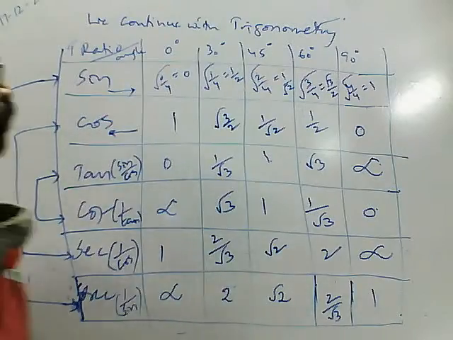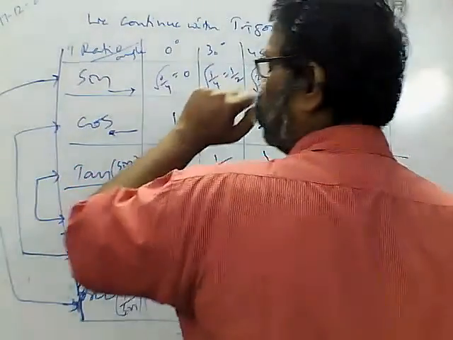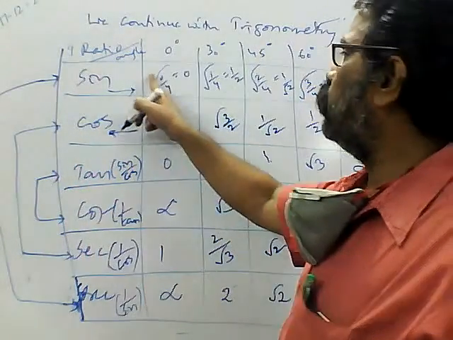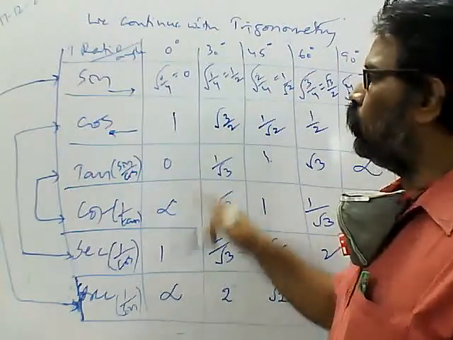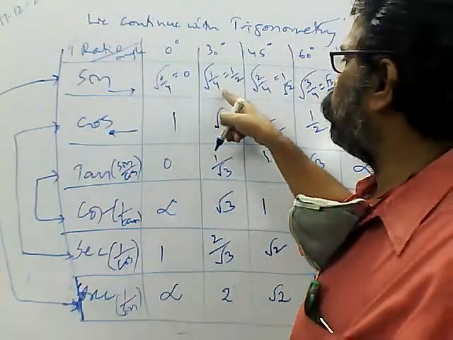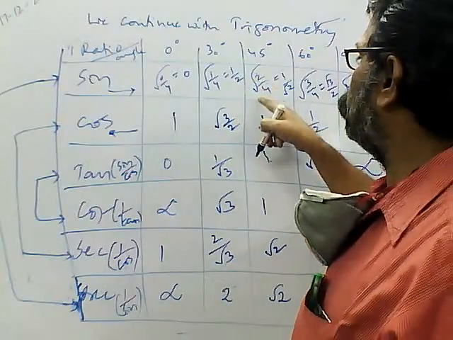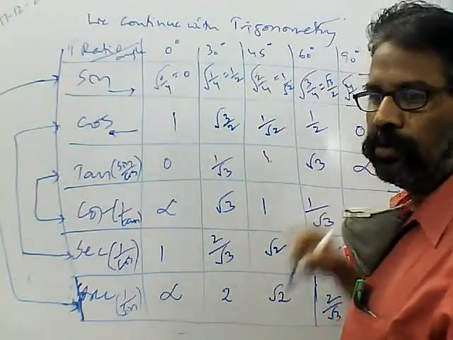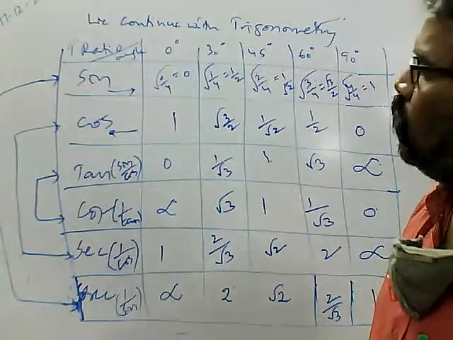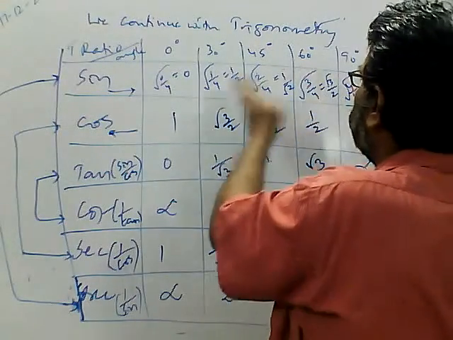Now, first you remember, let's start with 0. Root 0 by 4, root 1 by 4, root 2 by 4, root 3 by 4, and root 4 by 4. Root 0 by 4 remember as 0, root 1 by 4 is 1 by 2, root 2 by 4 is 1 by root 2, root 3 by 4 is root 3 by 2, root 4 by 4 is equal to 1. Right? Next, cos is the reverse of sine.